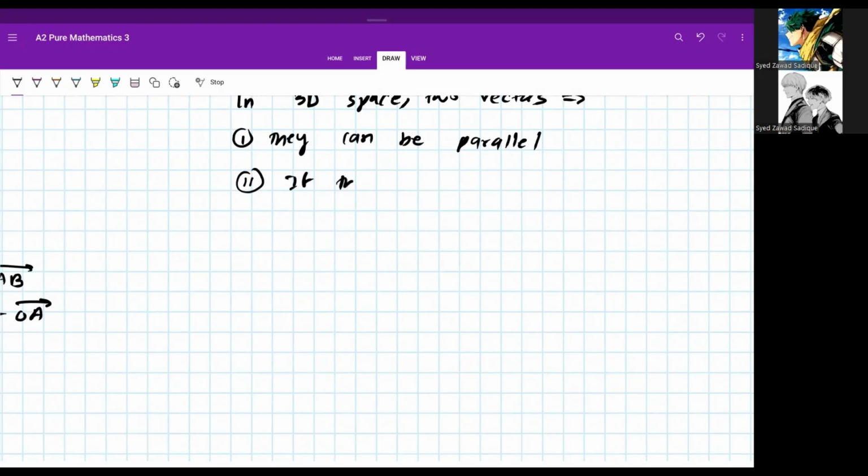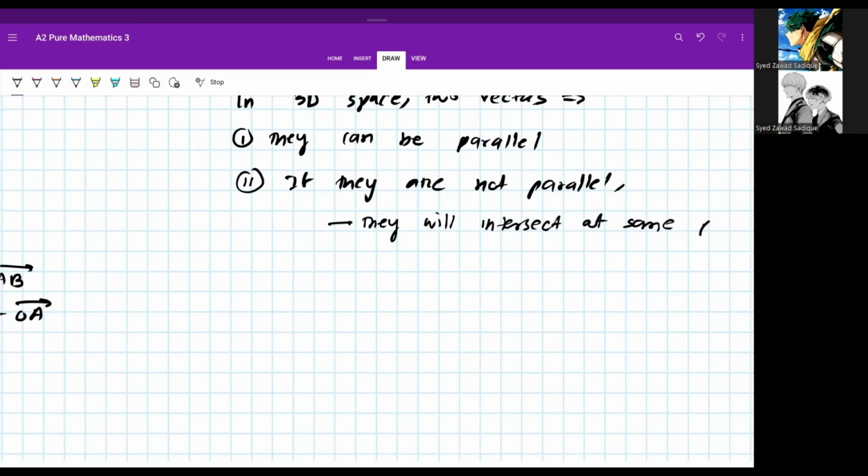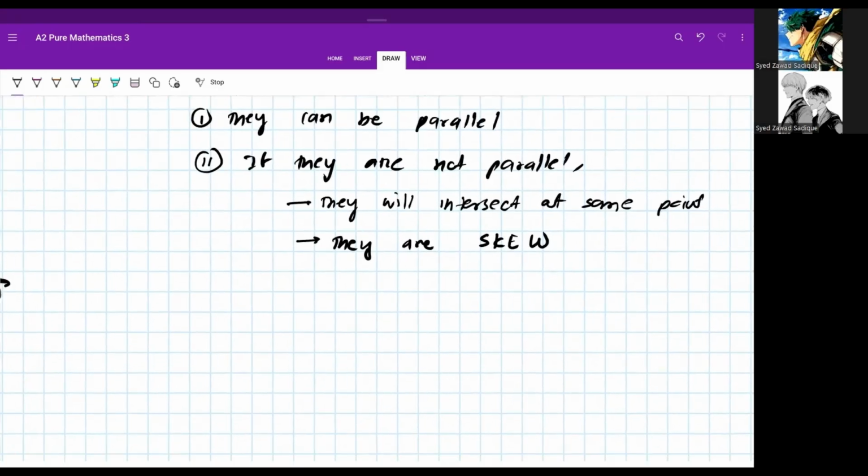If they are not parallel, they will intersect at some point, or they are skew.